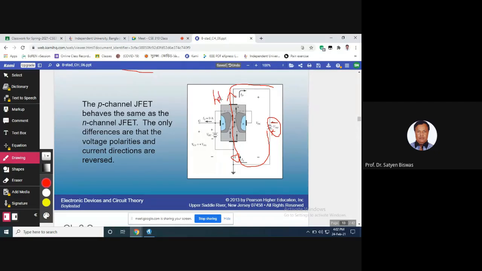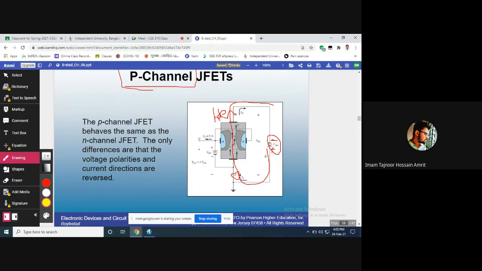And current, how will the current flow? What will be the direction of the current? Is it opposite to the hole or the same direction as the hole? Sir, opposite to the hole. No. Opposite to the electron.